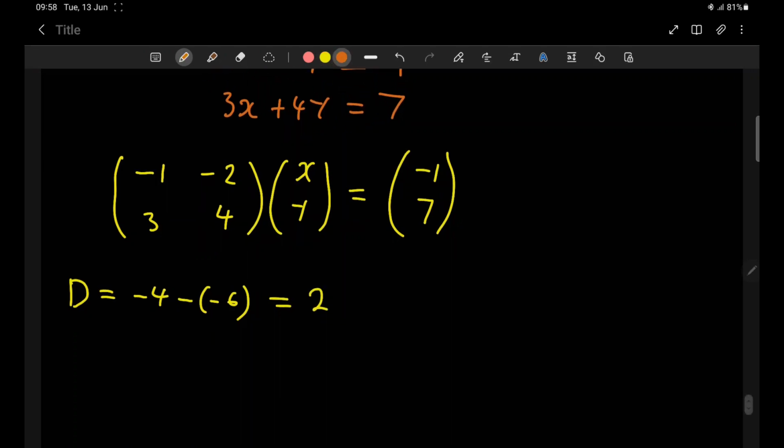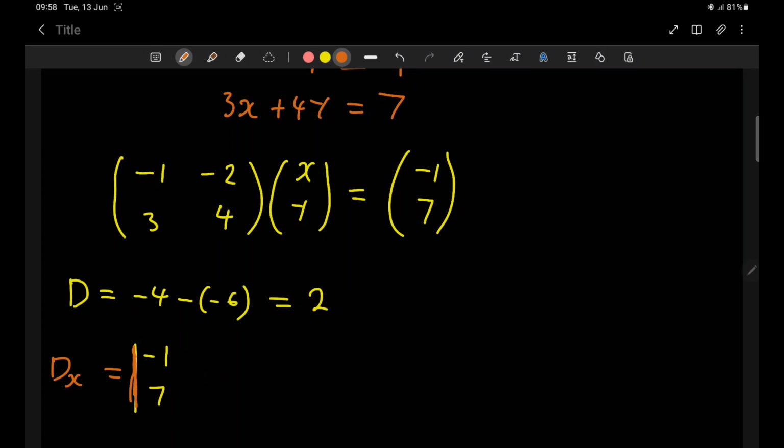Then we can find the determinant with reference to x. So we replace the first column with our solutions. That means we'll have negative 1 and 7.